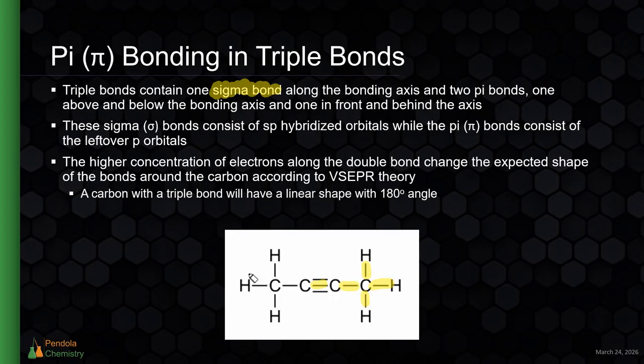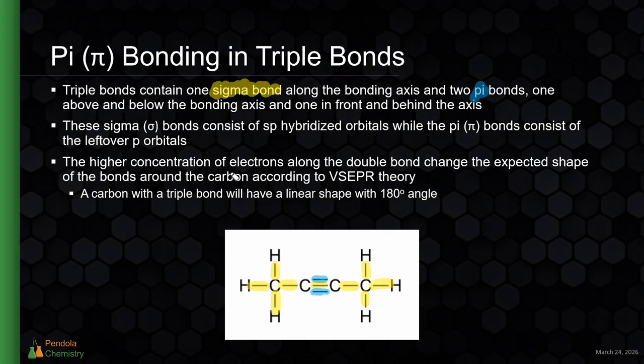And all of these single bonds are always sigma, because every type of bond, whether single, double, or triple, has a sigma bond. On the other hand, there are 2 pi bonds in a triple bond. The other 2 bonds in a triple bond are going to be pi bonds. So in this triple bond, we have 1 sigma, 2 pi.